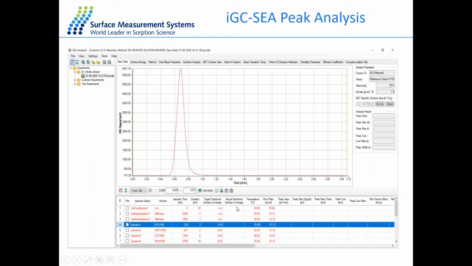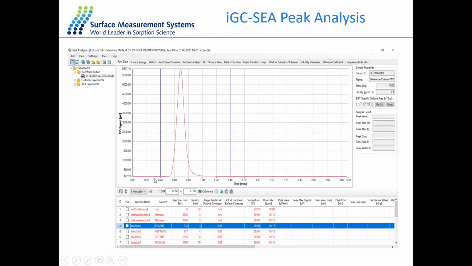In this case, peak analysis is relatively straightforward. We've injected a couple of methane injections, and this is to understand and calculate the dead volume. And in this example, we can see we've injected a few non-polar probes. So this is a resulting peak based on different retention time.